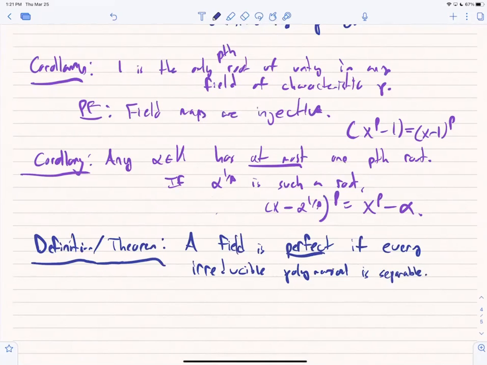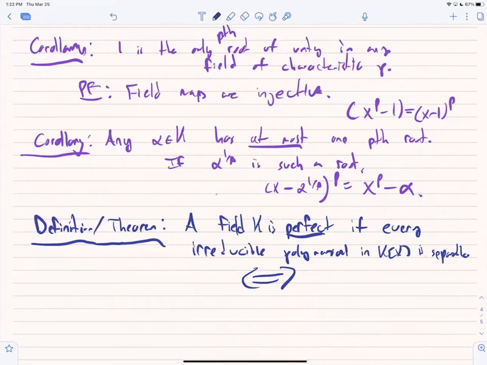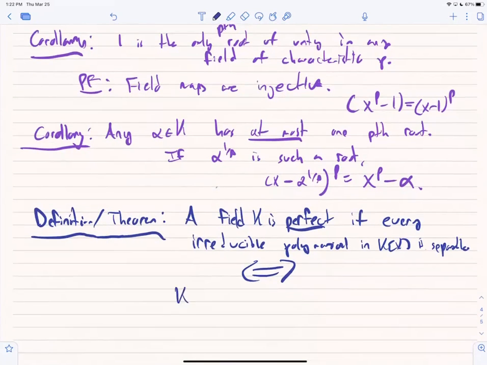So that's the definition, and the theorem is that this is equivalent to saying, so let me call, field K is perfect if every irreducible polynomial in K[X] is separable. So this is equivalent to saying that K has characteristic 0.